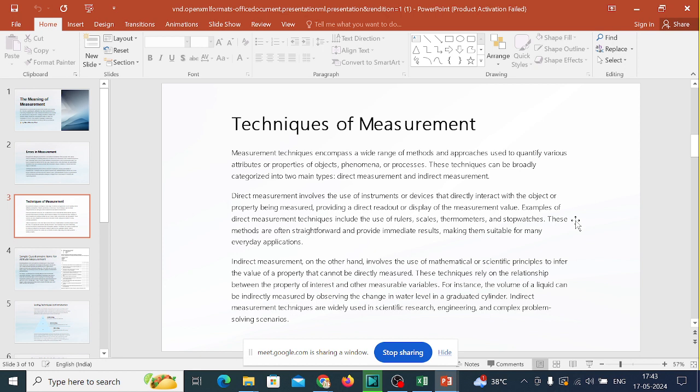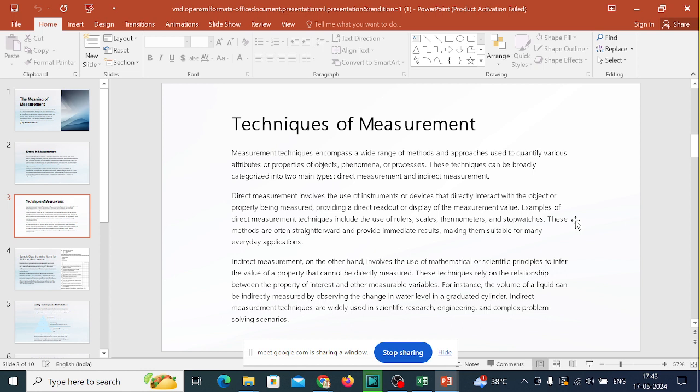Indirect measurement needs more concentration, and it needs more readings to get maximum accuracy. That is why indirect measurement is used in engineering, in scientific research, and in complex problem scenarios.